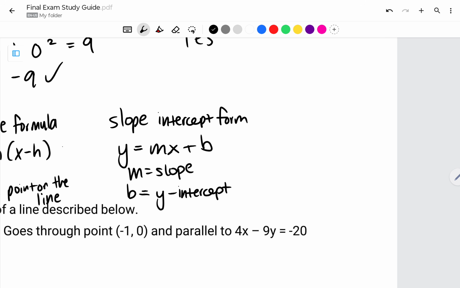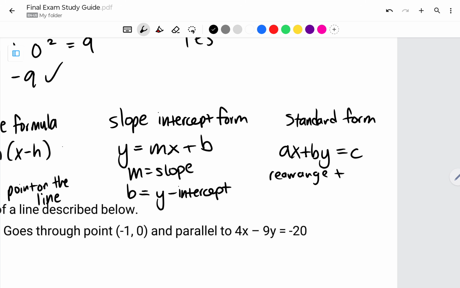And then we had the last one, standard form, where it looks like this: ax plus by equals c. And if you get something like this, you need to rearrange terms to look like slope intercept form.